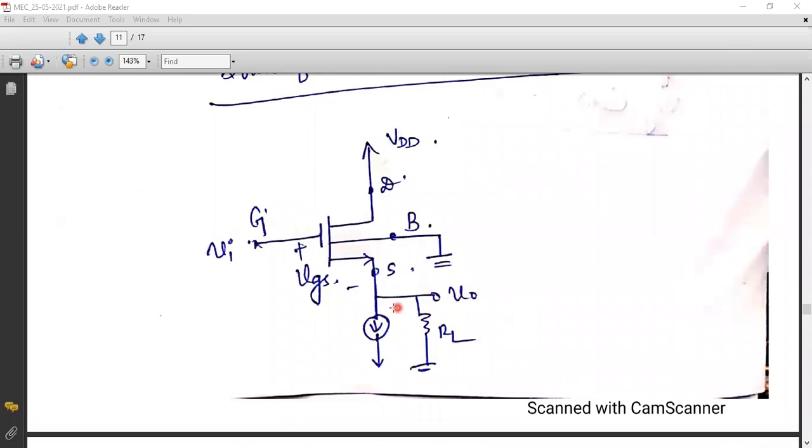So we will take the output across the source, at which you have connected a load resistance as well as the active load. Can you tell me the difference between CG and CD in terms of active load connection?